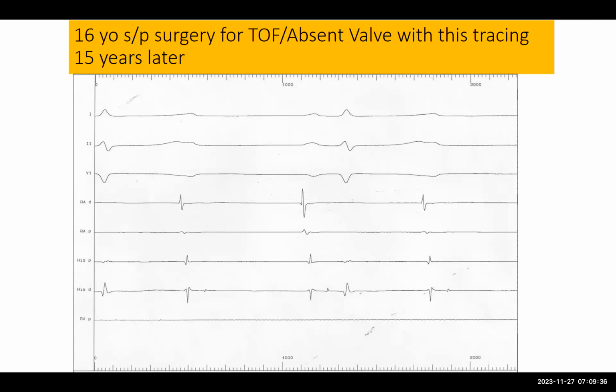I've often wondered if children who recover their conduction very late, right? All of us have seen, I think in the last few months, we had a patient who came back at like post-op day 8 or 9. In that case, we ended up not placing a pacemaker because the child was very sick and was in the hospital for like another month.